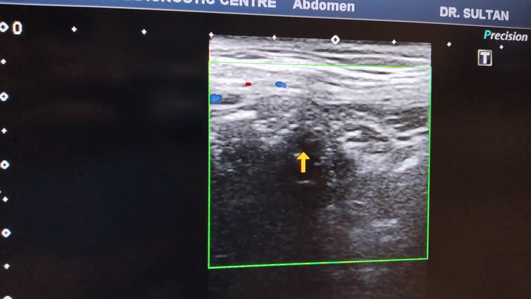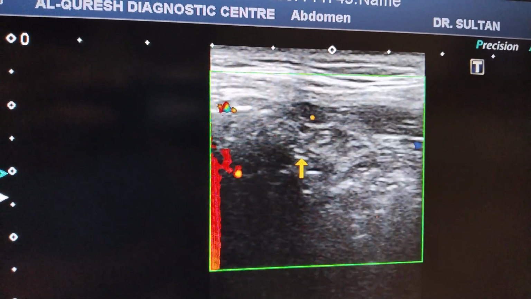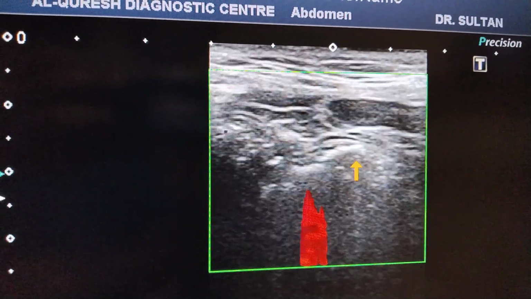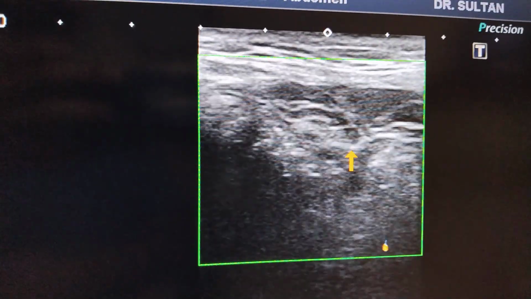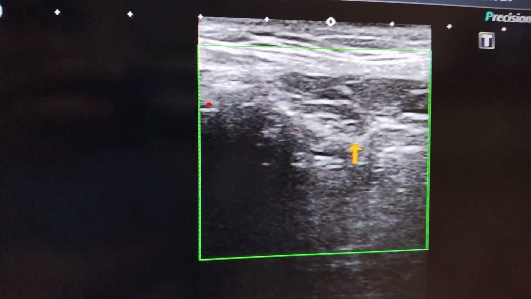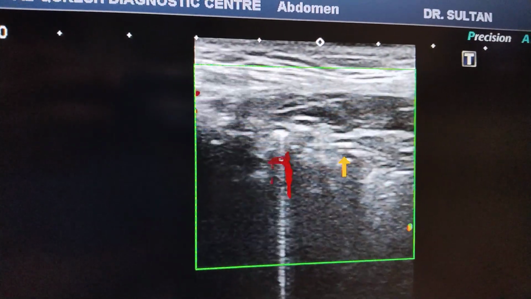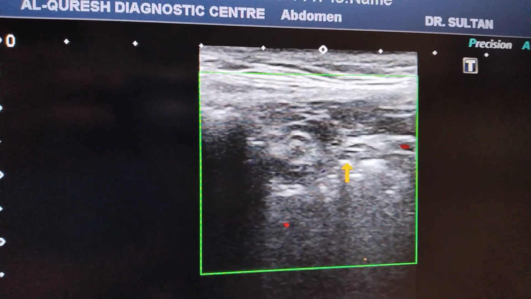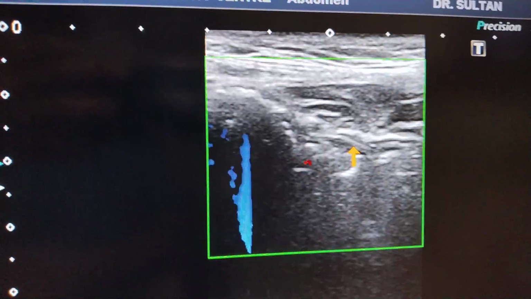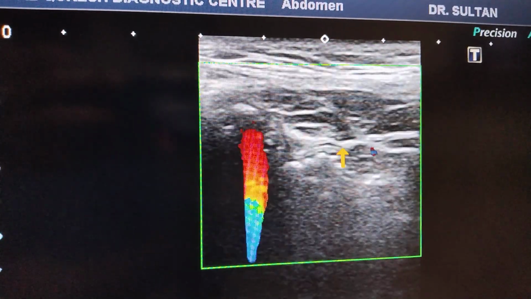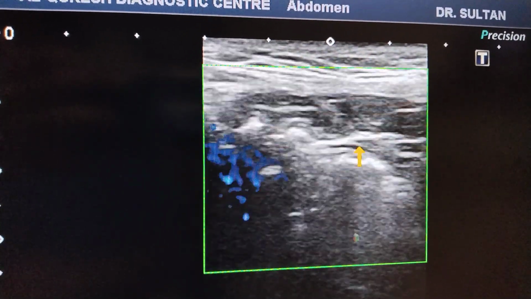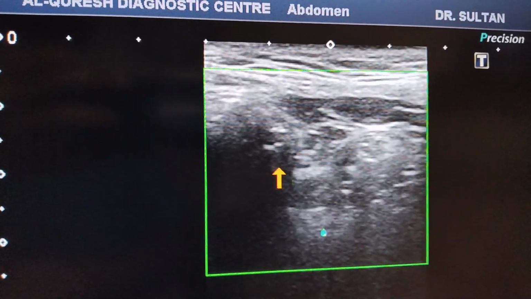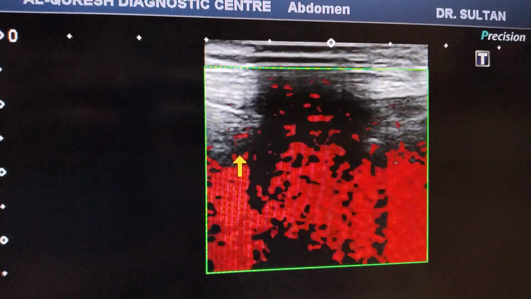So in conclusion we can say that this is the defect in the posterior wall of the medial aspect of left inguinal canal, through which the abdominal contents herniate during the Valsalva maneuver, and this defect lies medial, medial to the inferior epigastric artery.